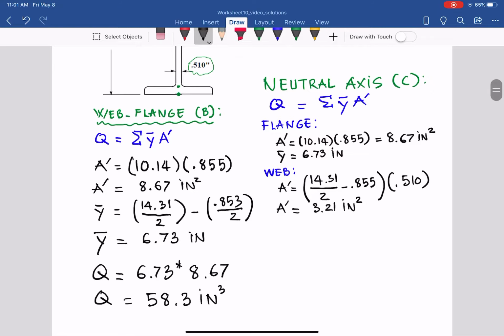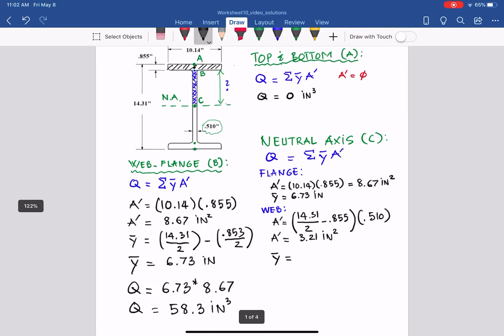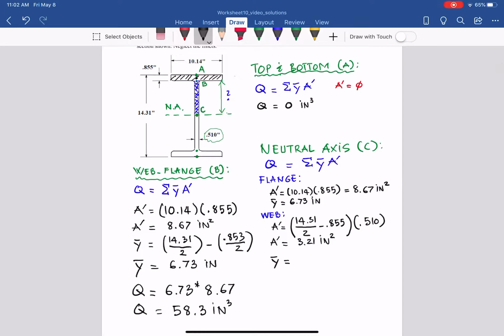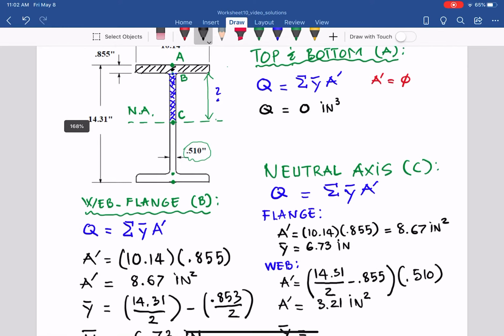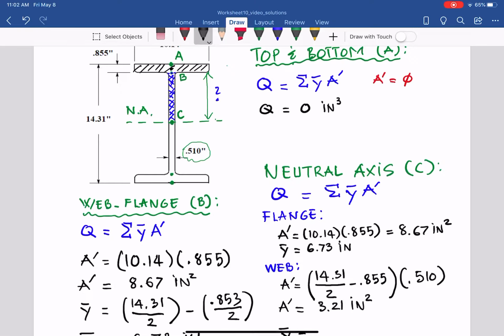And then we have y bar. How to find out y bar? By definition, y bar is the distance from the neutral axis to the centroid of the outward areas. So for this case, we deal with this. That centroid will be here for the web, right?